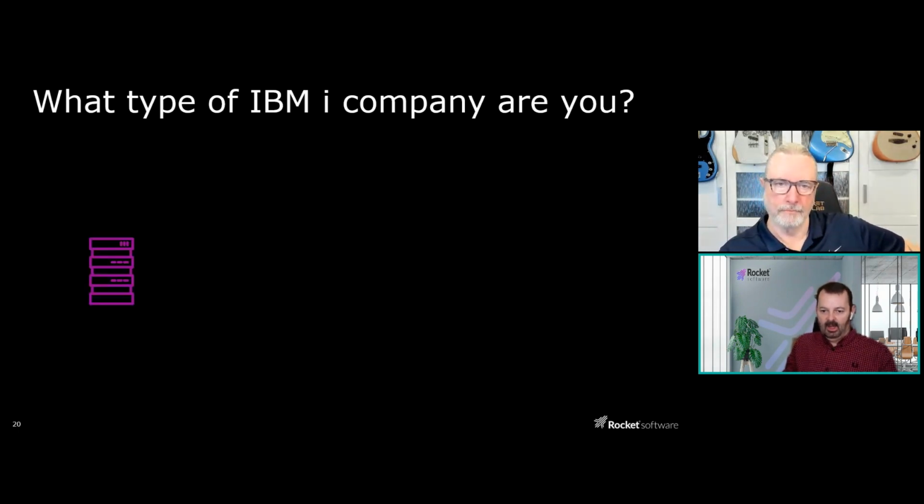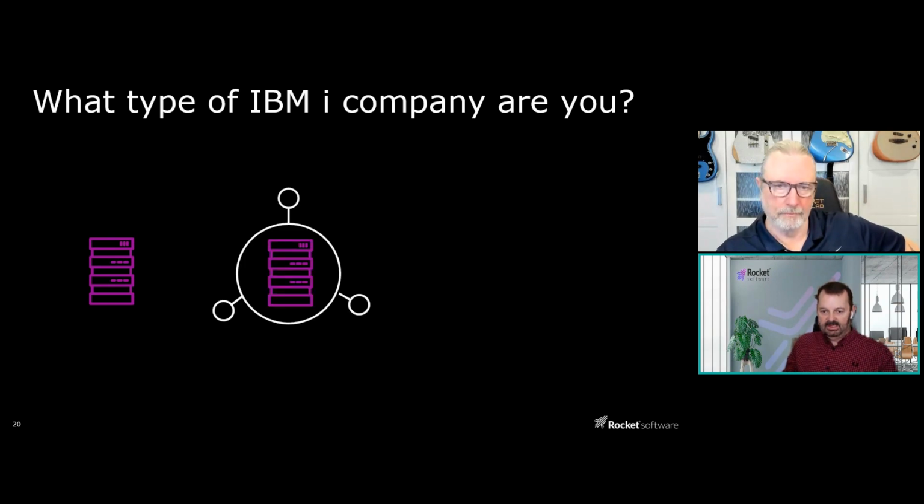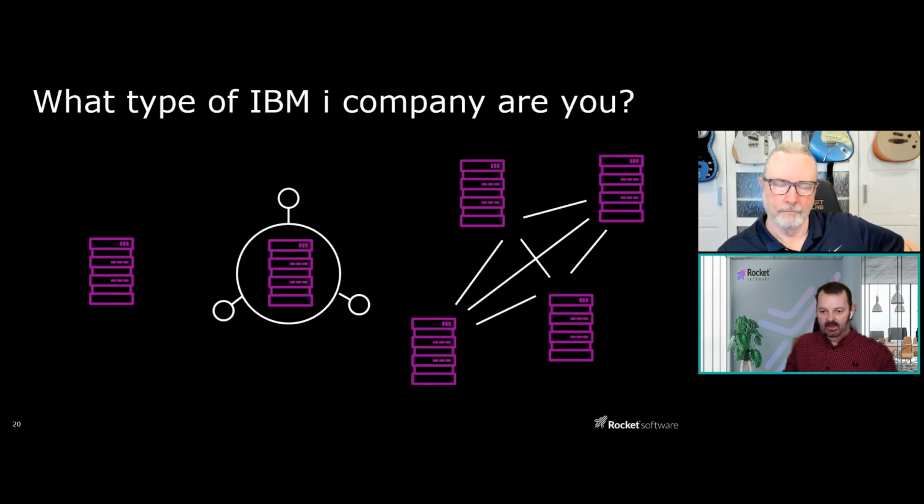Are you IBM only? Are you a company where IBM is the center of IT with other peripheral systems? Or are you a company where IBM is part of a more complex IT environment with multiple development technologies? So once you've thought about that, you should consider the following. Is your environment likely to change in the coming years?